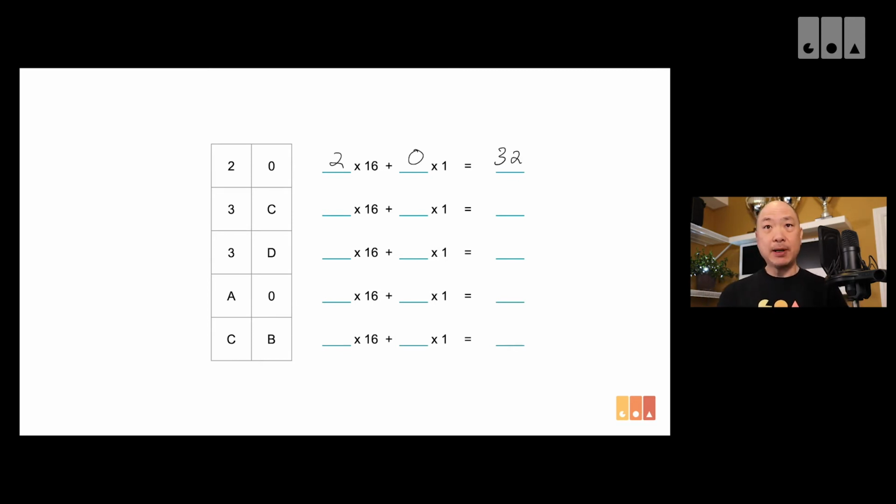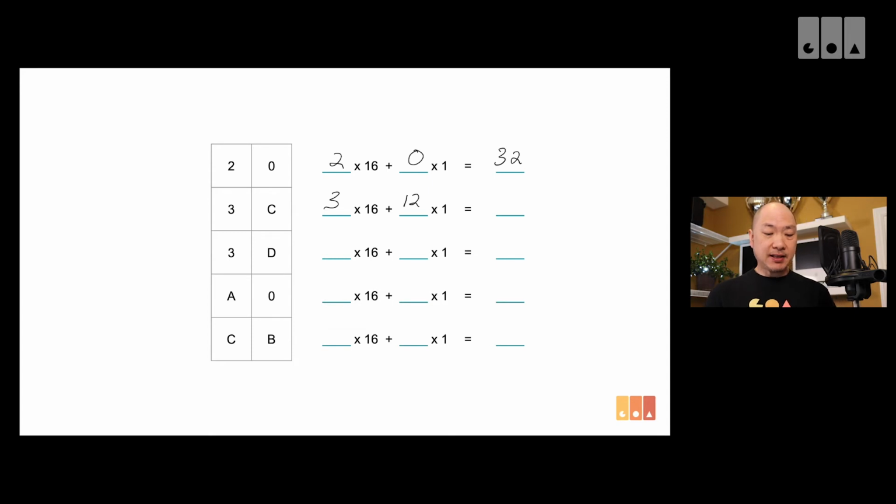Okay, 3C. What is 3C? Well, 3 is 3 16ths. So we've got 3 16ths. And C, what is C? Well, we know that A is 10. So A is 10, B is 11, and C is 12.